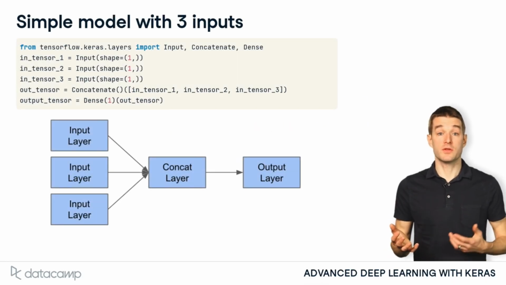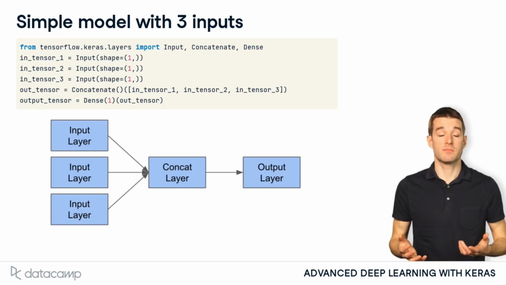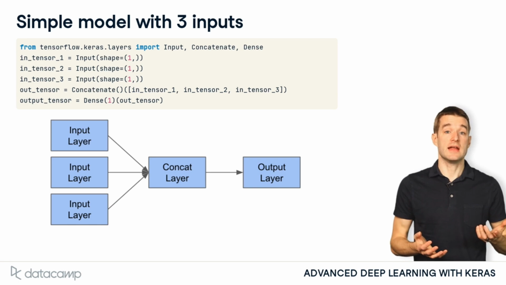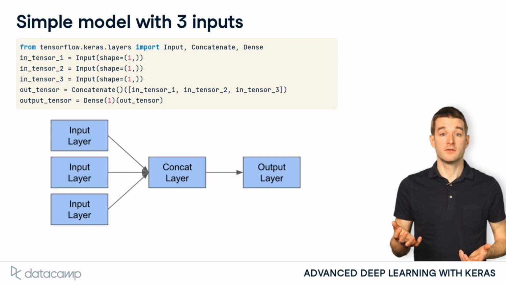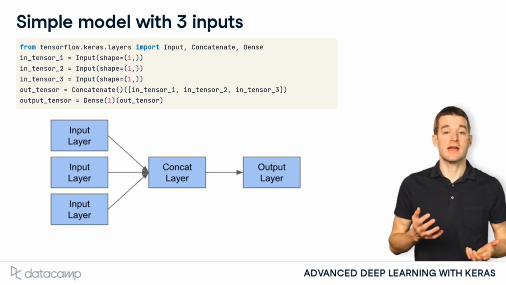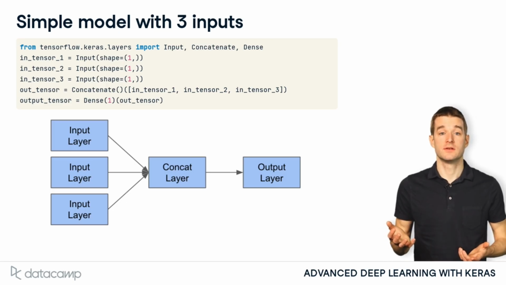Making a Keras model with 3 inputs is almost exactly the same as making a Keras model with 2 inputs. To start, create 3 different input layers. In this case, you'll use a concatenate layer to combine the inputs. But recall from the previous chapters that you could also use an add or subtract layer.